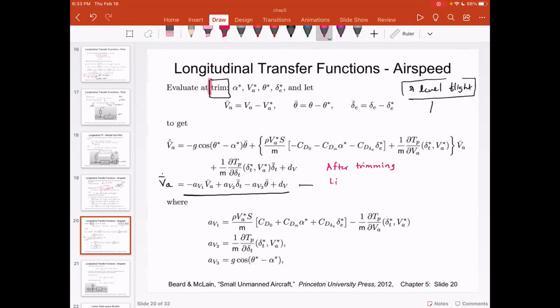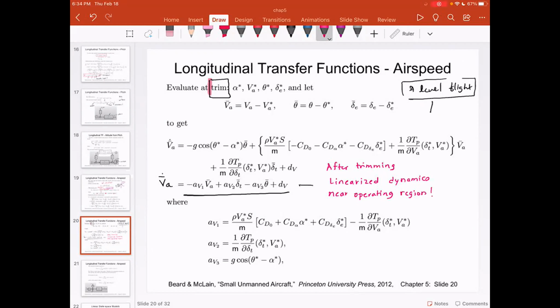We get linearized dynamics near operating region. And this trimming is done so that the nonlinear equations are sort of linearized.